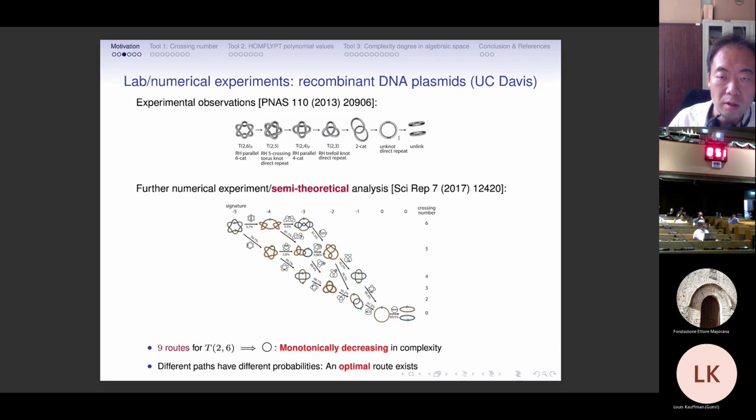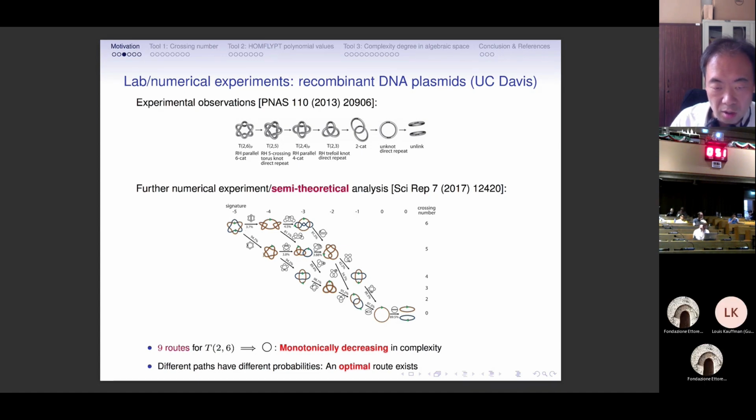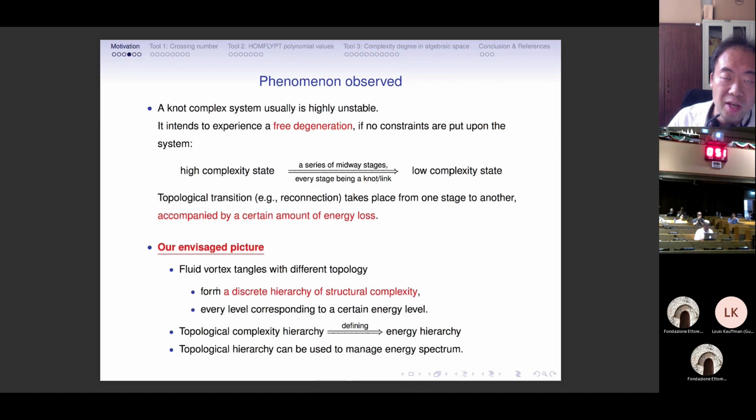And the old one, the 2013 one, is just the route here, which possesses the largest probability of occurrence. So we can see the same phenomenon happening in 2 different disciplines, fluid mechanics and DNA biology.